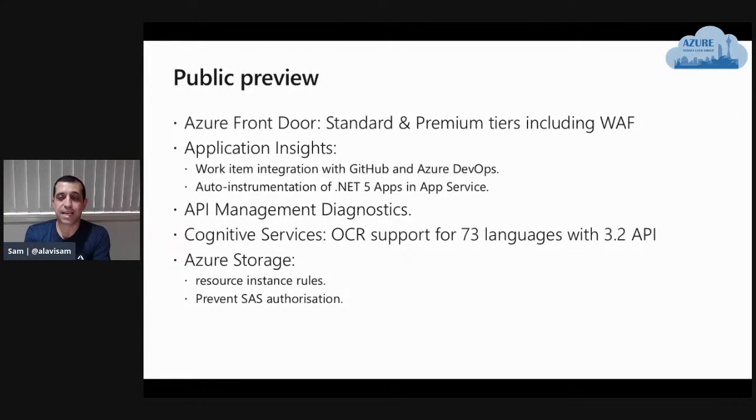So this is another way of securing access to Azure Storage, by restricting to specific Azure services. For example, if you want to restrict storage access to App Service or Azure Functions, we can do that now without having a private link or protecting everything privately within the VNet.